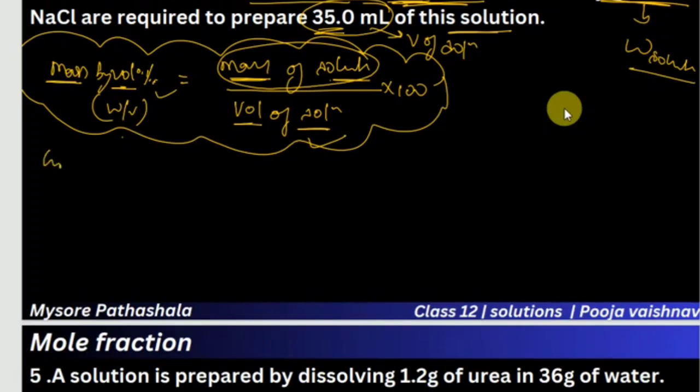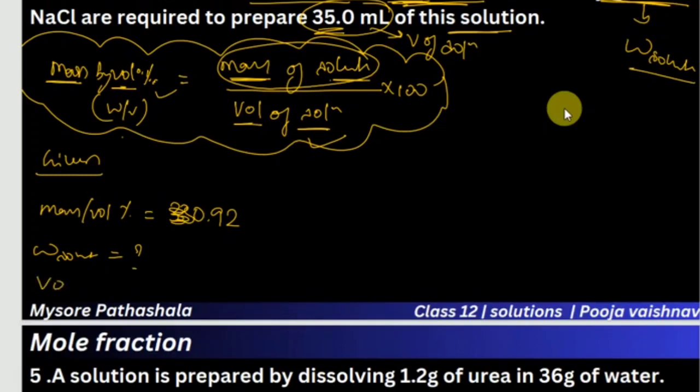Okay, so first thing, write down the given. What is given? Mass by volume percentage is equal to 0.92. Not 35, sorry, 0.92. And then we need to find W of solute. The volume of solution is given as 35 ml.